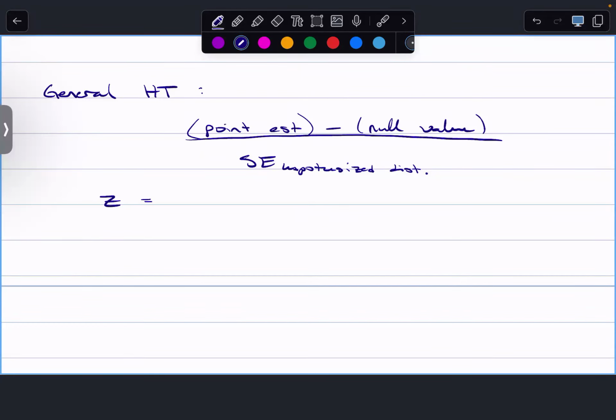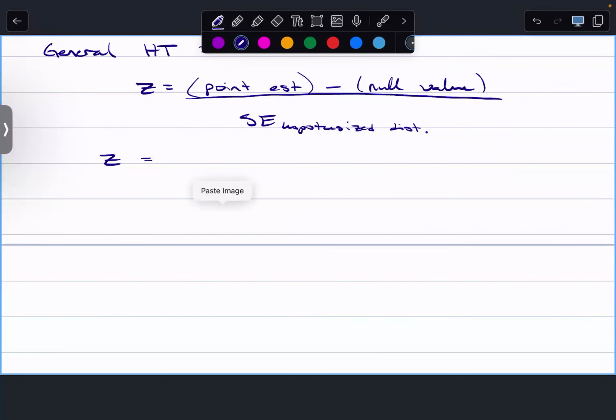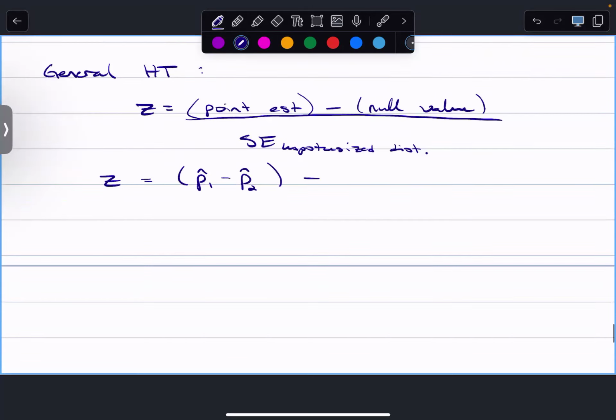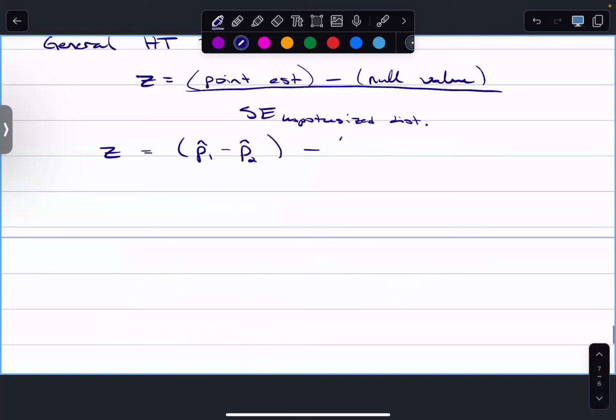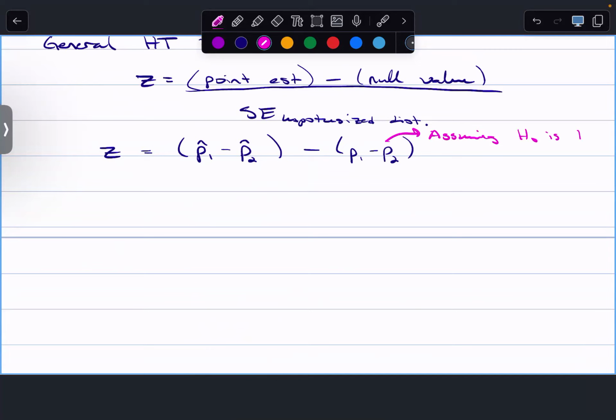And so for us, what we're going to find, and I'm just going to give it to you, then we'll talk about it, is, okay, Z, and it is still a Z, is the point estimate, which is p1 hat minus p2 hat, minus, now the null value is technically p1 minus p2, assuming H naught is true.